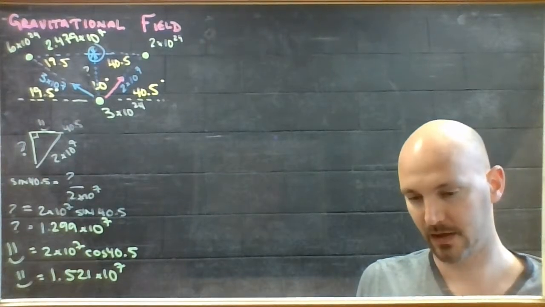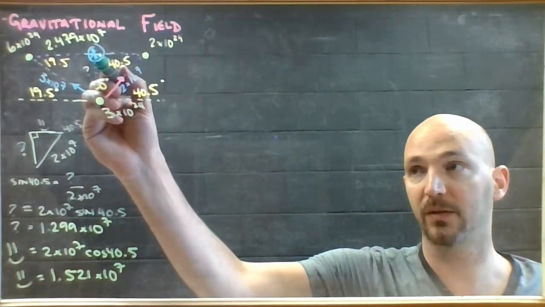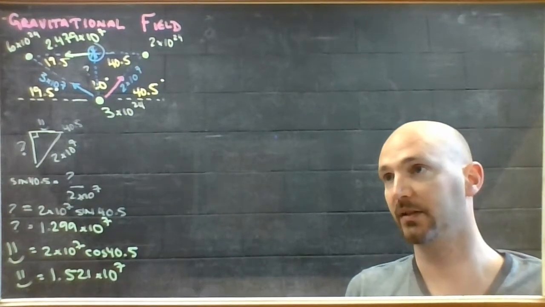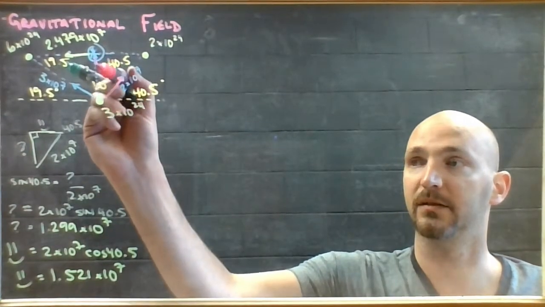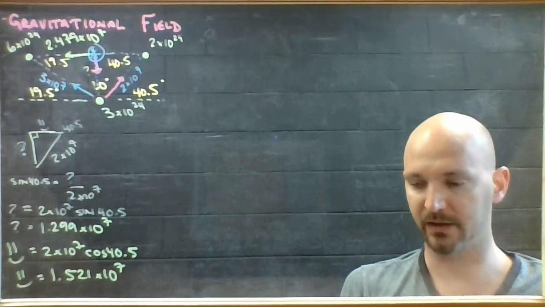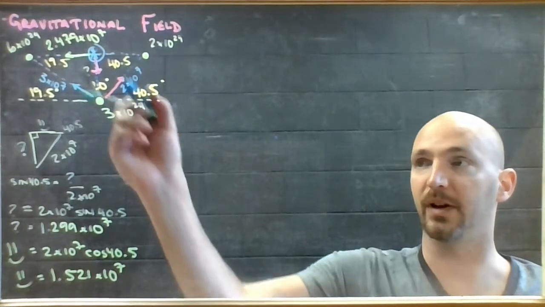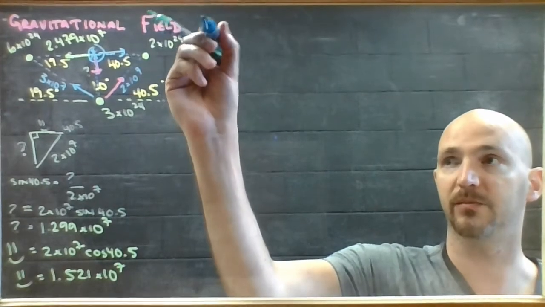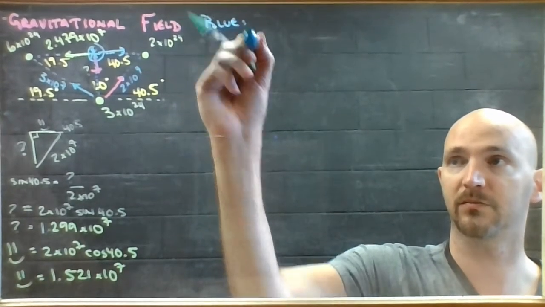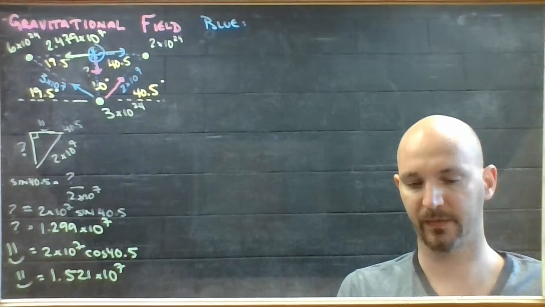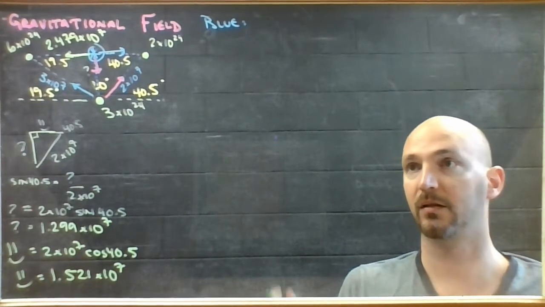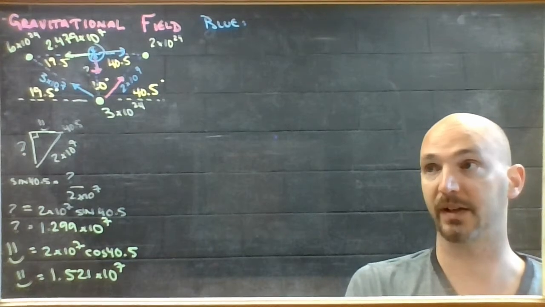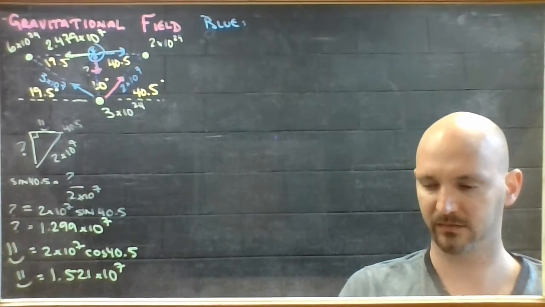Okay. So at this particular location, I have a field headed that way, a field headed this way, and a field headed to the right, like that. So for the blue one, let's use the yellow marker. I'll do a vector in green.